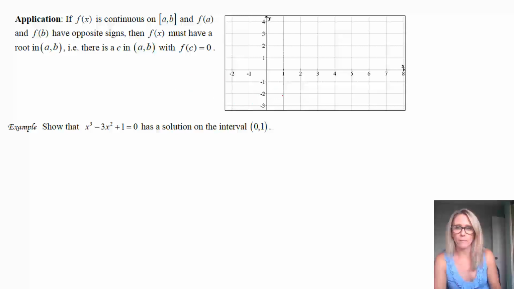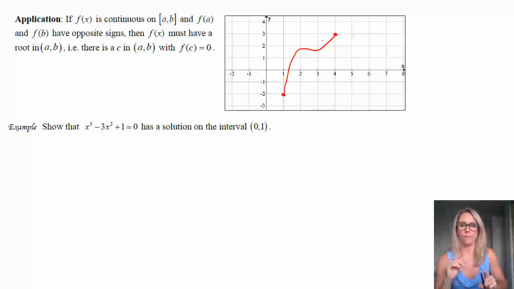So as an example, you have a function that's continuous on an interval that is closed. We want to remember that f of a and f of b have to have opposite signs. So I might have this as an example. Of course, because it's continuous on this interval, I have to be able to draw something and not pick up my pen. So here's an example of a function that follows this.